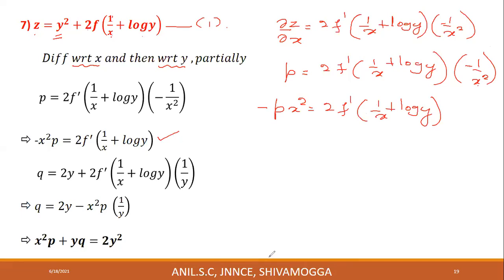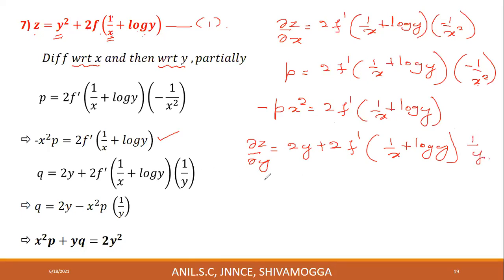Similarly, we differentiate the same equation, equation number 1, partially with respect to y. Derivative of z is denoted by del z by del y. This is equal to derivative of y square is 2y plus 2 into derivative of f of 1 by x plus log y is f dash 1 by x plus log y into derivative of 1 by x plus log y. 1 by x is to be treated as constant, its derivative will be 0, and derivative of log y is 1 by y.